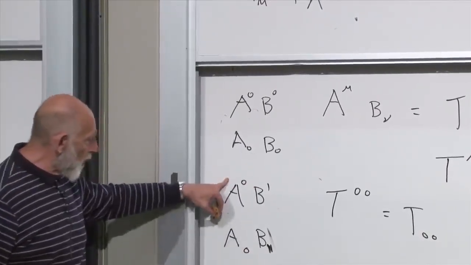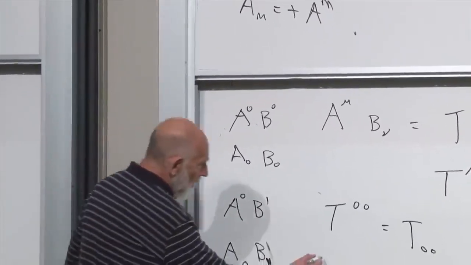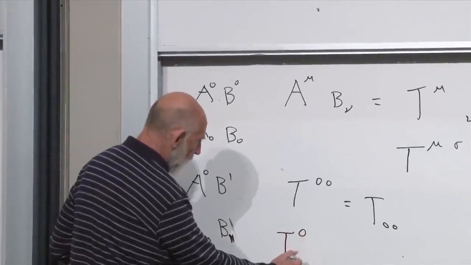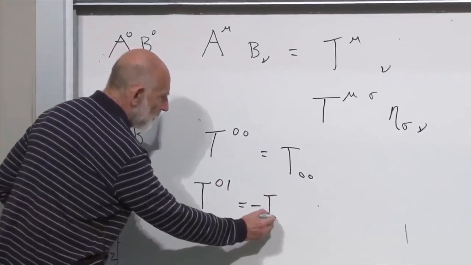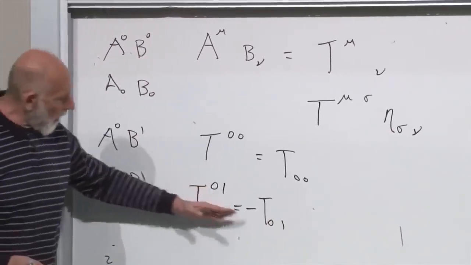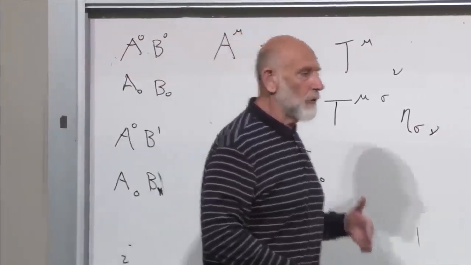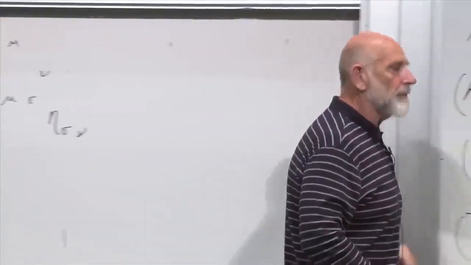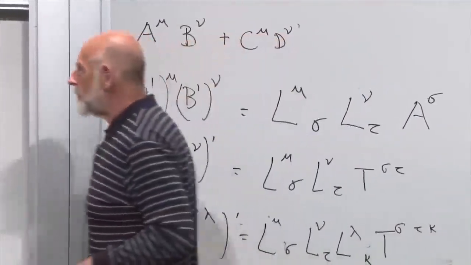But A super naught and A sub naught differ by a minus sign. So T naught 1 would be minus T naught 1 because only one time component was lowered. Every time you lower or raise a time component, you get a minus sign. And that's all there is to it.